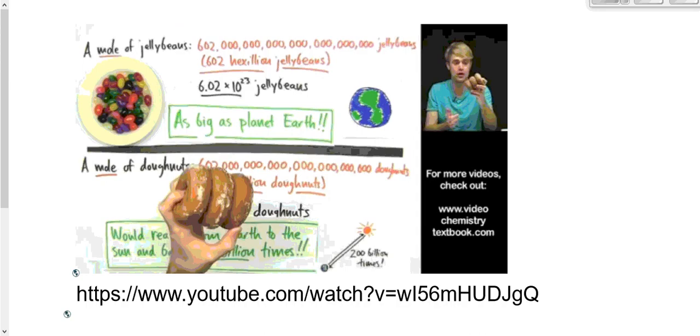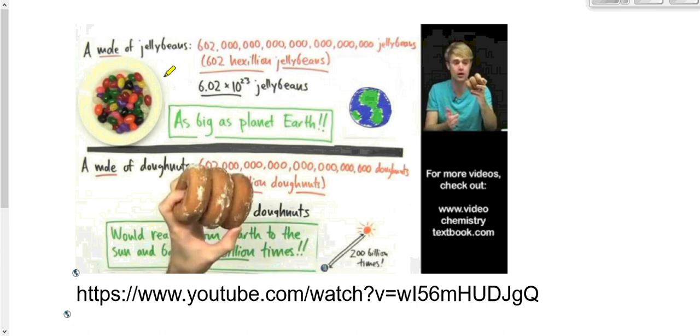I'd like you guys to go, after watching this video, over to Tyler DeWitt's video, and I have the YouTube link here, and I'll post it as well in Teams for you. He's going to explain to you what a mole is and how to do these calculations as well. You need to understand how big of a number it is. A mole is 602,000 million, or 602 hexazillion particles, and it doesn't matter what those particles are.